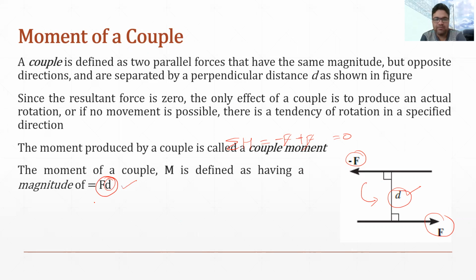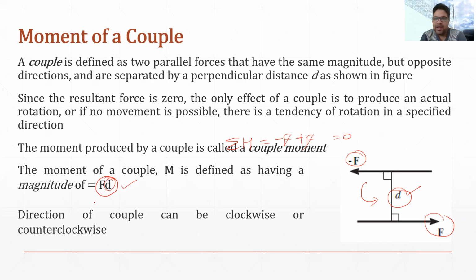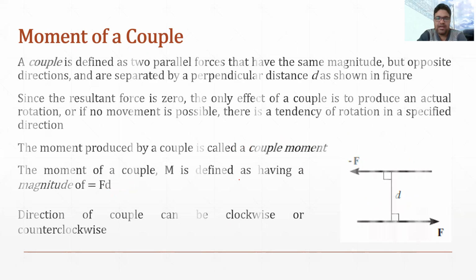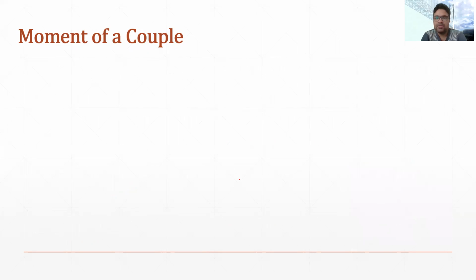This is how we can find the magnitude of the couple. And a couple can be clockwise or anti-clockwise. Couple is actually a moment, but the system that we are referring to is known as a couple.